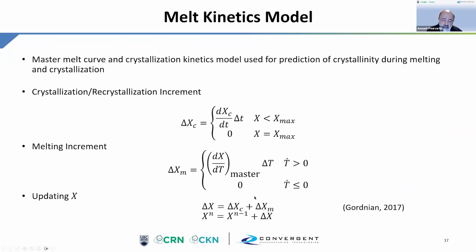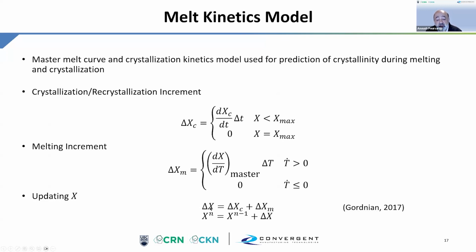What about our melt behavior? What we do for melt is we say at any instant, there is a desire for the material to crystallize or recrystallize. We use the model we showed you in the previous slides. And we say, but the material also has a driving force for wanting to melt. So we model that as well.